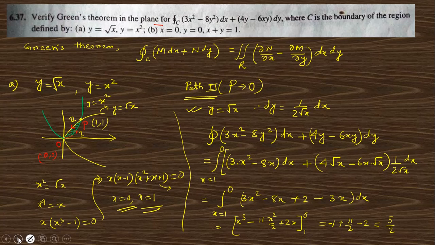So for path 1, that is O to P. Here y equals x square, so dy is nothing but 2x dx.